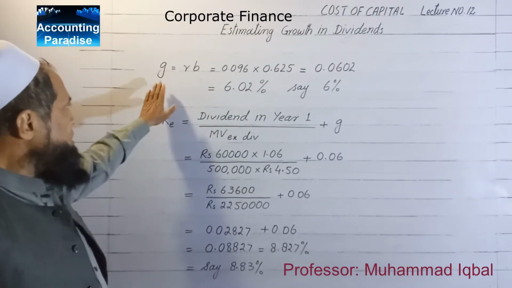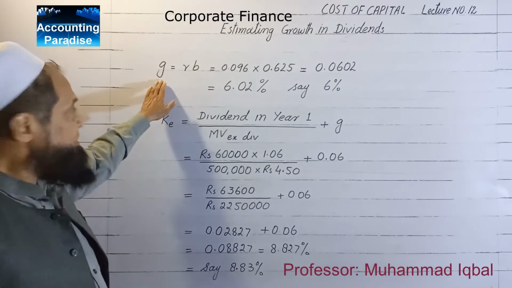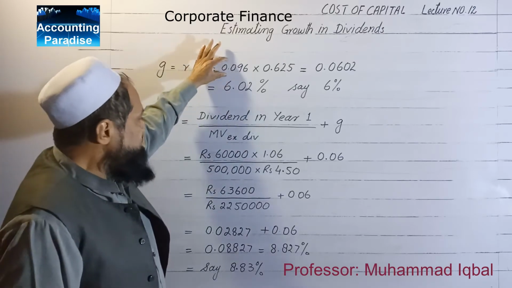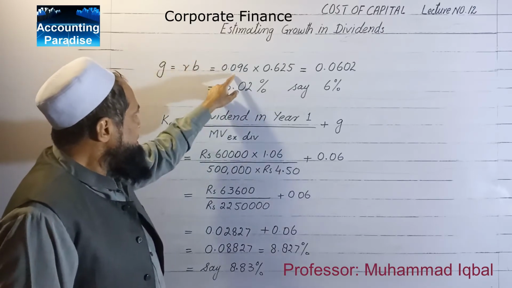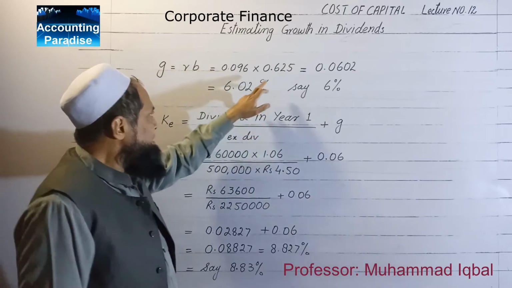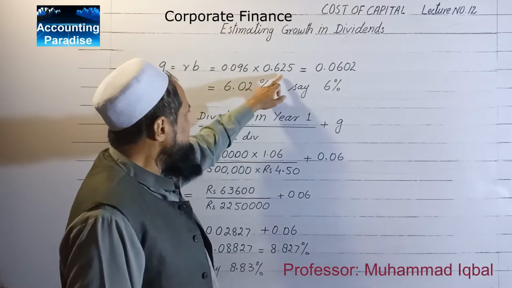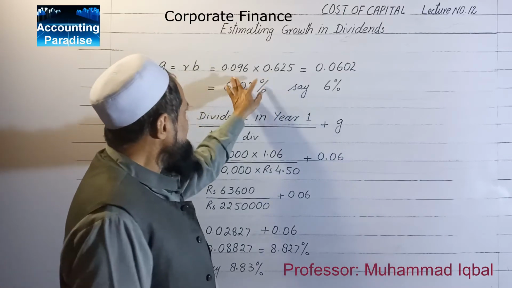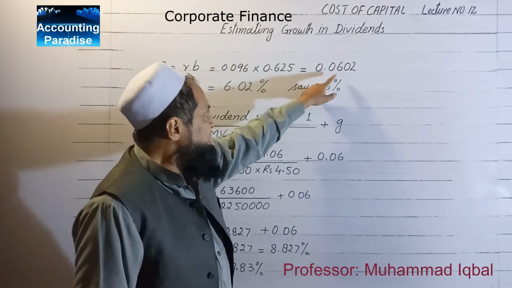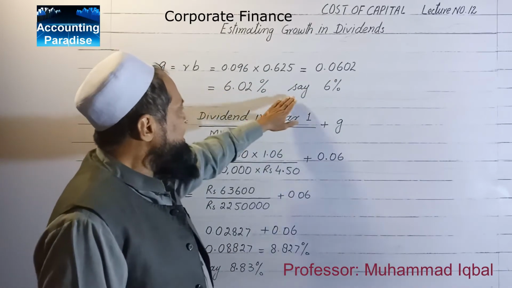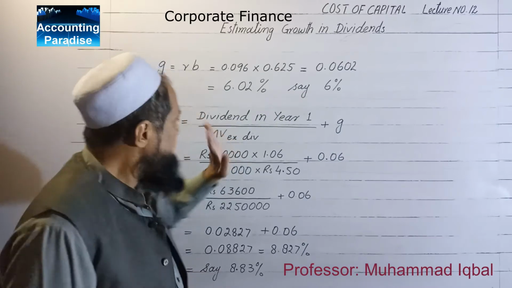Now we calculate G. G is equal to RB. The value of R we have calculated 9.6% and the value of B we have calculated 62.5%. When we multiply these, it comes to 6.02%. We can say it is 6%.